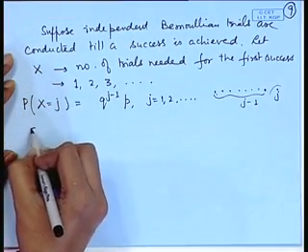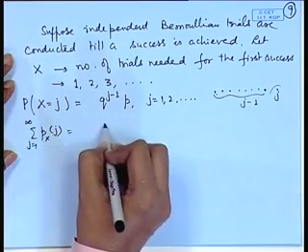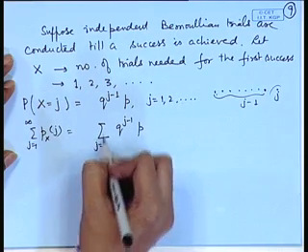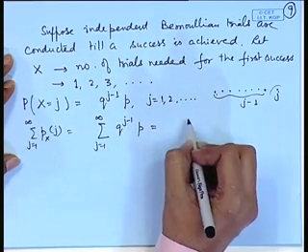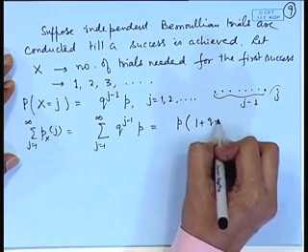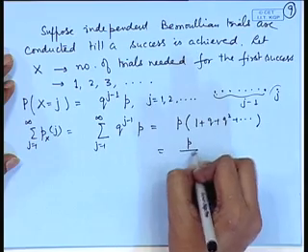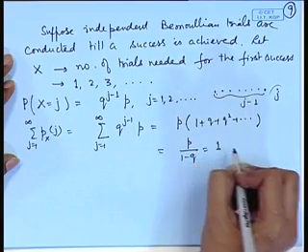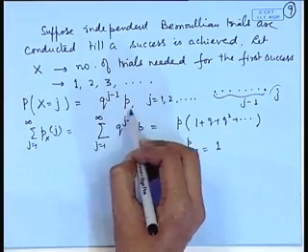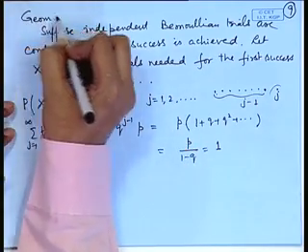So, if we look at sigma p x j, j is equal to 1 to infinity, that is equal to sigma q to the power j minus 1 into p, j is equal to 1 to infinity, that is equal to p times 1 plus q plus q square and so on, an infinite geometric series. This is equal to p divided by 1 minus q, that is equal to 1. Since here the terms are from a geometric series, this is known as a geometric distribution.